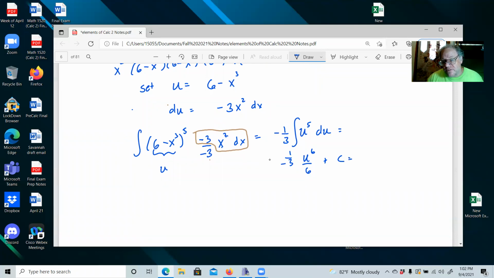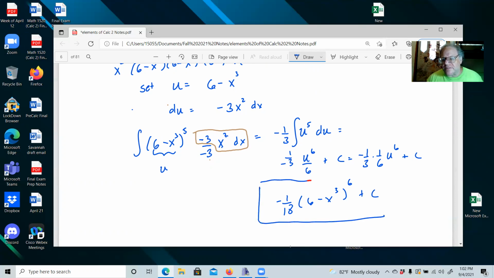We can rewrite this, if it makes it easier for you to see it that way, you go right ahead. So 3 times 6 is 18, negative 1 over 18. And u is (6 minus x cubed) raised to the 6th power. You want to put the 18 directly under it? You go right ahead. That's my answer for this.